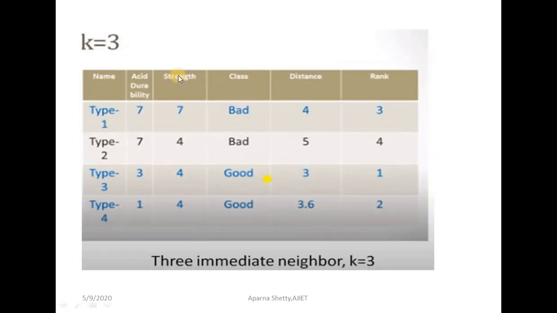If the value of k is equal to 3, that means 3 nearest neighbors, you will select the 3 closest points, this one, this one and this one as the neighbors. Okay, so this is how you will select the nearest neighbors. So this was an example for the k nearest neighbor classifier.